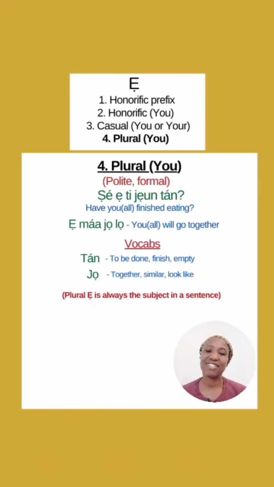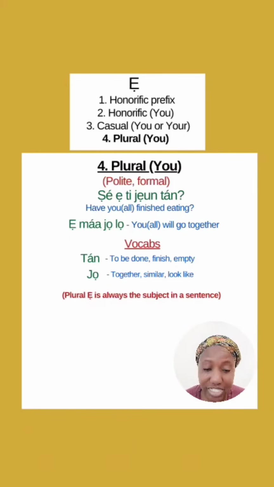So this sentence can either be for honorific or plural. So if you want to say ṣé ẹ ti jẹun tán, you can say this to your grandma, to your brother, or to your older sister, and you just ask them, ṣé ẹ ti jẹun tán?